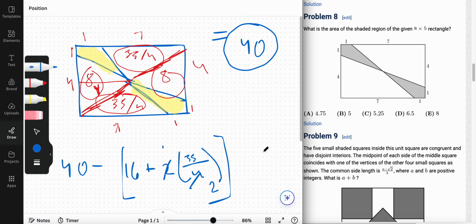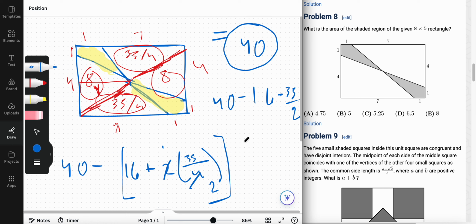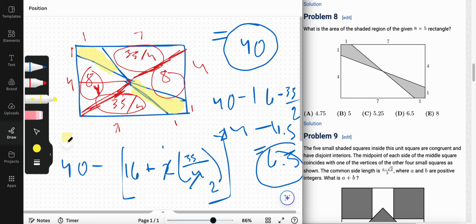I can just do 40 minus 16 minus 35 halves. I'll just do that. I get 24 minus 17.5, which is 6.5. Okay, so it should be D.